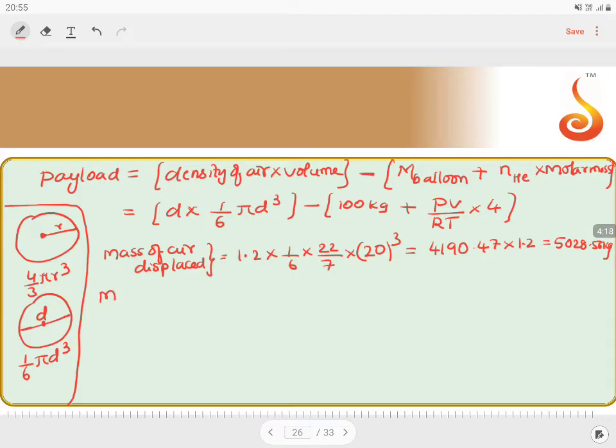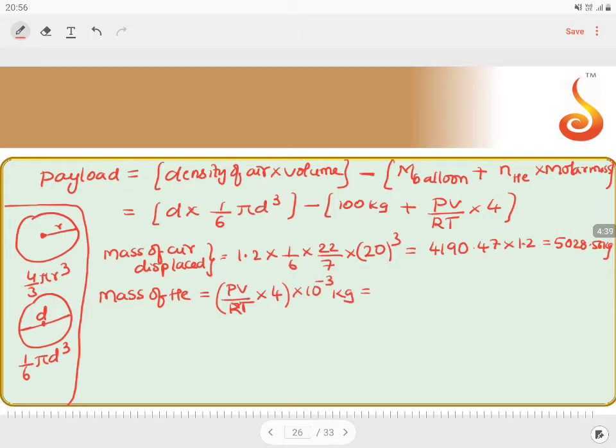Now mass of helium we'll take. Mass of helium is equal to PV by RT into 4. We get this in grams, so convert into kilograms by multiplying by 10 power minus 3.